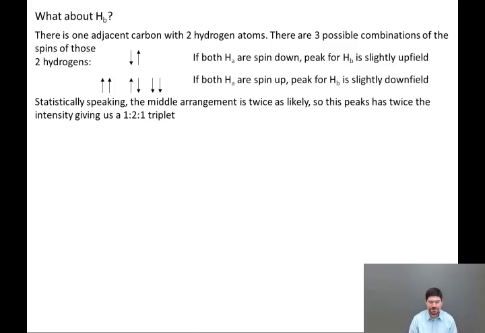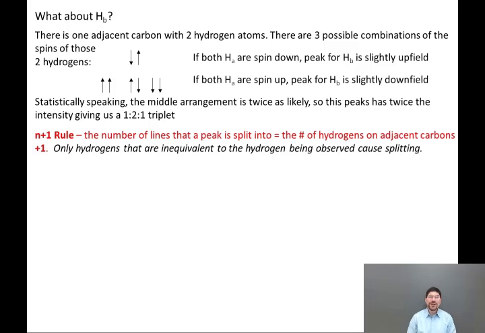Okay, so generalizing this example leads us to what we call the n+1 rule. And the n+1 rule, and I put this in red because it's really important, states that the number of lines that a peak is split into equals the number of hydrogens on adjacent carbons plus 1.